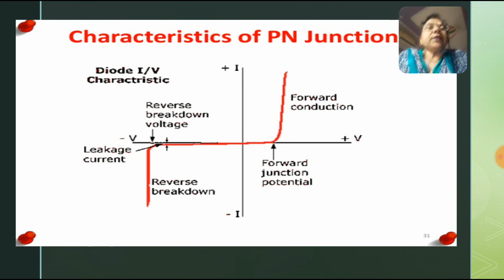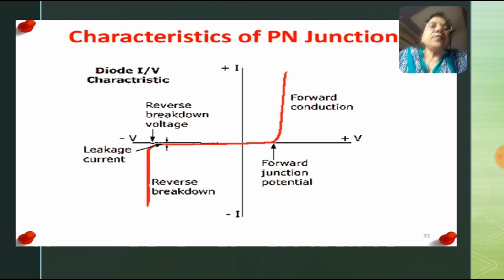Now in the characteristic of the PN junction diode, you see in the first quadrant a VI characteristic where voltage is taken on one axis and current on the other axis. Up to 0.6 volt the current remains 0, but after 0.6 volt there is an abrupt change in the current, and the current flows in a very high amount in forward biasing condition.